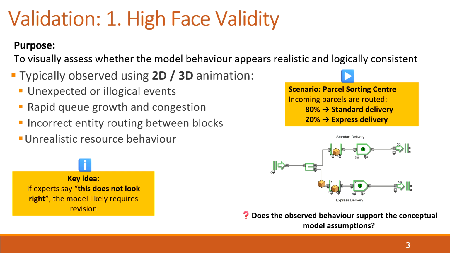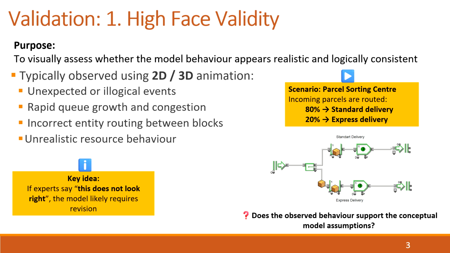Okay, so now we are moving to the first stage, which is focused on face validity. We visually check if the model behaves realistically. Using animation, we look for illogical events, wrong routing, or unrealistic use. If experts say this doesn't look right, the model needs a revision.